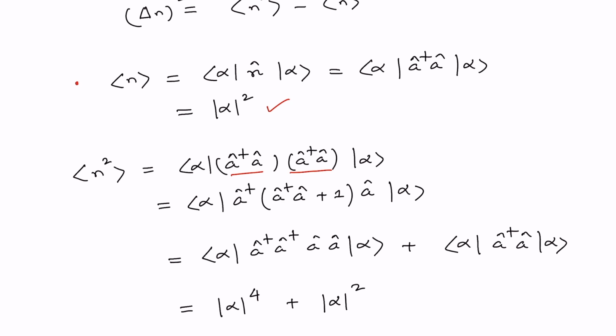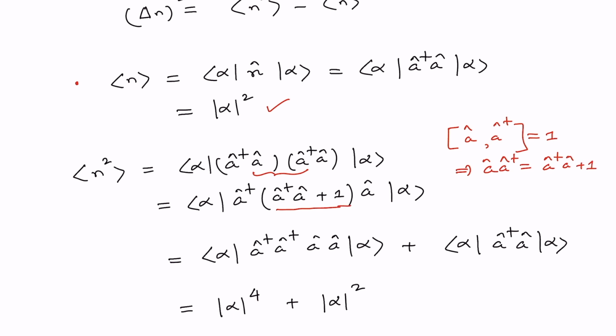And here, what I have done is, instead of a a dagger, I am putting a dagger a plus 1, because you know that the commutator is equal to 1. So that means I can write a a dagger is equal to a dagger a plus 1, right?